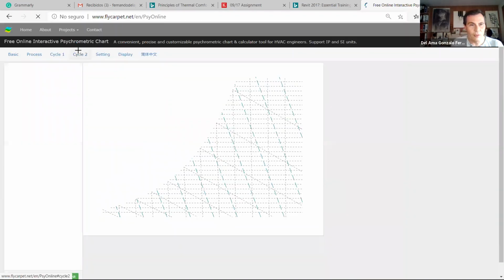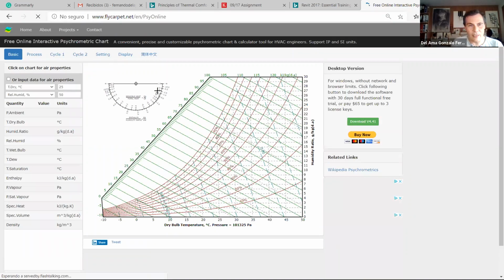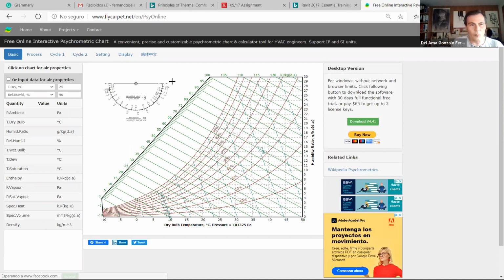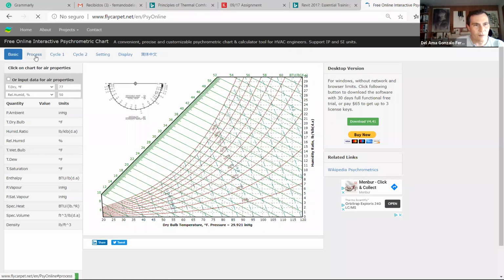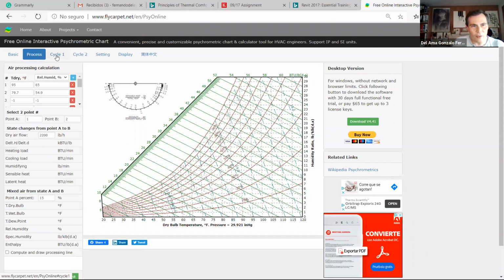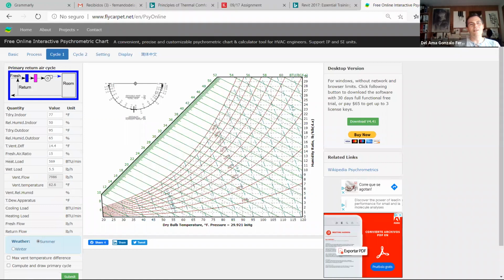Because if you want to solve different exercises without closing and opening again, sometimes it doesn't work. Okay, so remember that we have to adjust the settings, reset inputs, submit, Fahrenheit. So now we are not working with the process, we are working with cycle 1. Okay, so in cycle 1, we are doing something different.